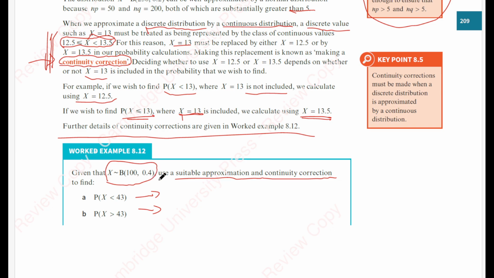To find the probability that the number of successes is less than 43, you would need to find all the probabilities for 0, 1, 2, 3, 4, 5, and so on. So this is a big job, and it's not worth doing that, but you can use approximation.